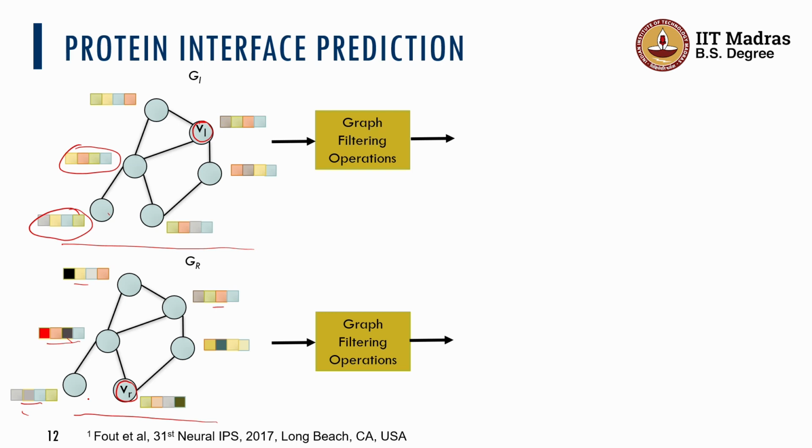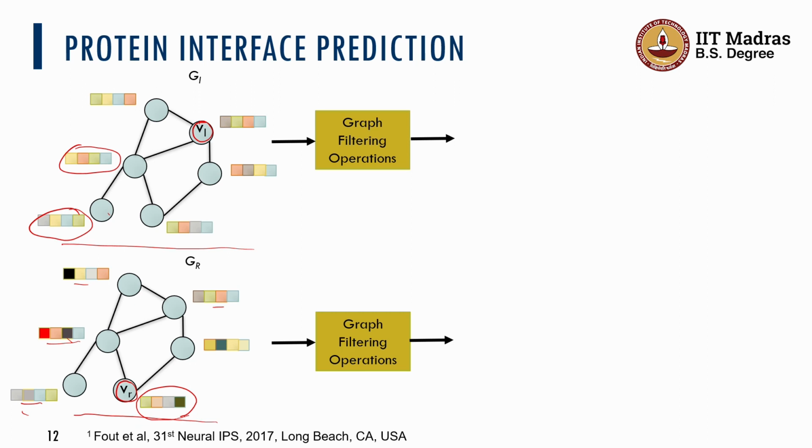Recall that what we are interested in is the interaction between VL and VR. In other words, I'm interested in node features related to two different graphs. That's why we are going to use only filtering operations, no pooling operations. I'm not interested in graph-related properties. I'm interested in a particular node in one graph interacting with a node in another graph.